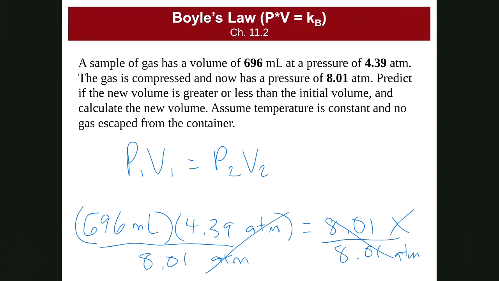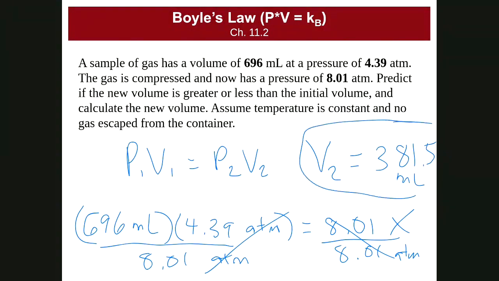So x is equal to 696 times 4.39 divided by 8.01. Let's calculate that. And I got that V2, or x, is equal to 381.5 milliliters. So yes, our volume decreased when our pressure increased.